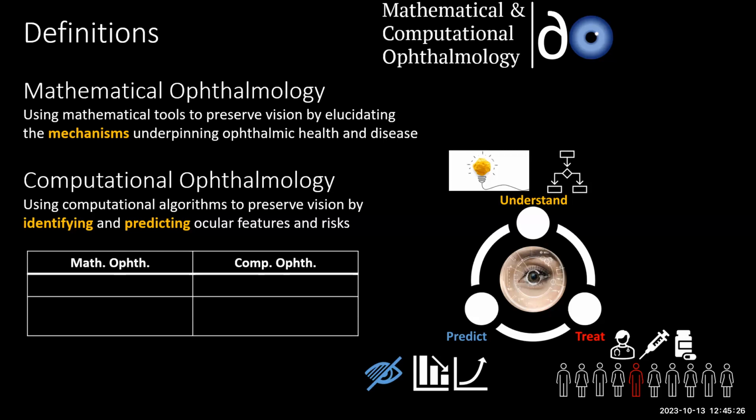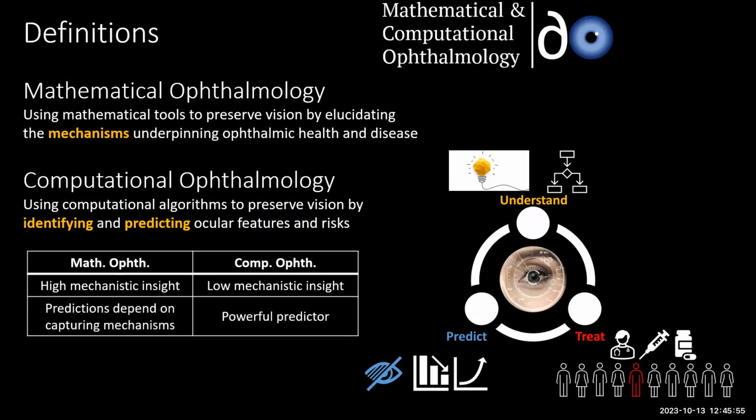The strength of mathematical ophthalmology is that you get insight into the mechanisms that underpin, say, maintenance of a healthy homeostasis or what's going wrong in disease. By contrast, computational ophthalmology, by which I mean artificial intelligence type techniques, has low or no mechanistic insight, because it doesn't contain within itself descriptions of the mechanisms in question.